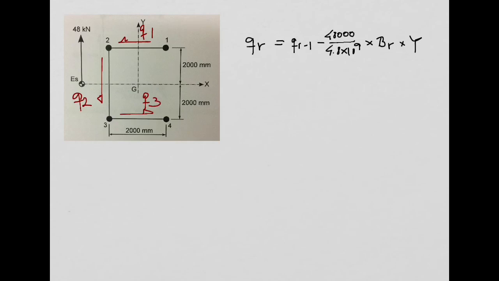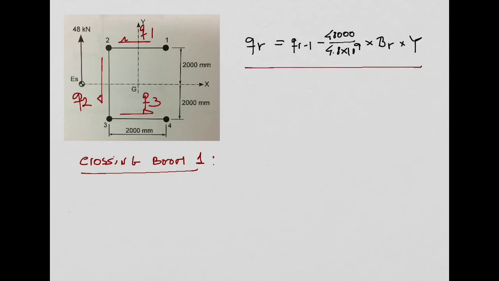We have the equation that will allow us to obtain the shear flow after crossing a boom, and then we do something like this. Crossing. I'm going to write it here. Crossing boom number 1. You do this way. So I'm going to start the analysis by crossing boom number 1. And we are going to use this equation. So this QR, when I cross boom number 1, is going to be equal to my shear flow leaving the boom number 1, which is Q1.